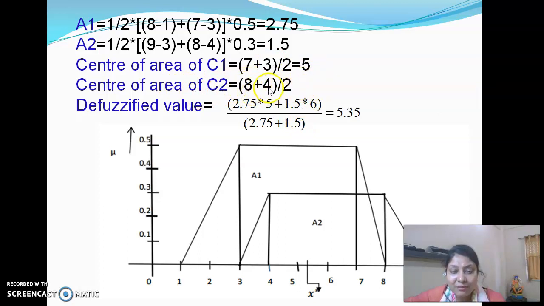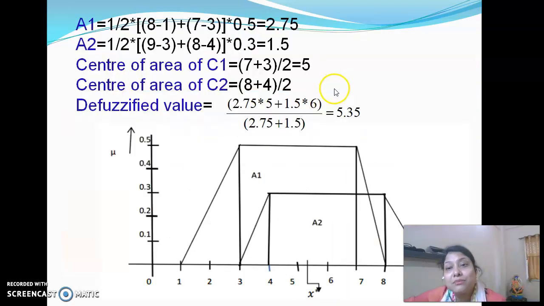If you sum 8 plus 4, it gives you 12, divided by 2, it gives you 6. This 6 is coming from here, the whole divided by the sum of these two values, that means 2.75 plus 1.5. The whole process will give you one particular crisp value. You can see it is 5.35.